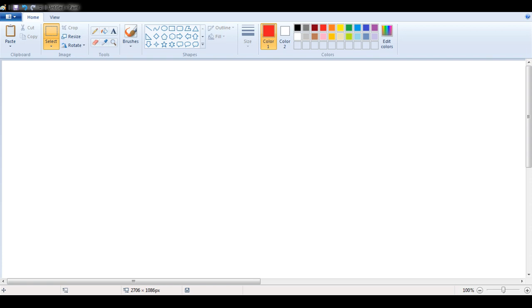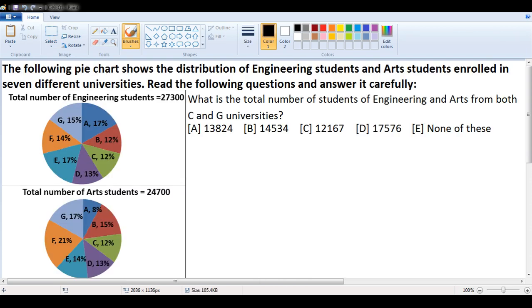Next, third caselet of today's class. See here, this is the question. The caselet says, the following pie chart shows the distribution of engineering students and art students enrolled in 7 different universities.